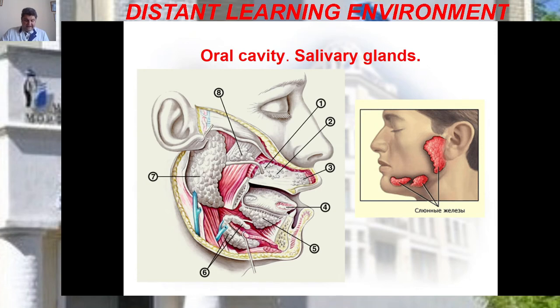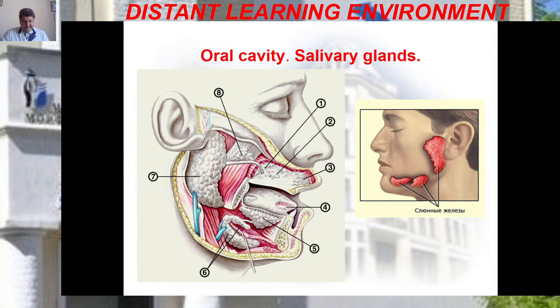The gland has lobular structure and consists of several lobes. The duct of the gland, ductus parotidus, passes on the surface of the masseter muscle, curves around its anterior border, and after passing through the fatty tissue of cheek, pierces the buccinator muscle.